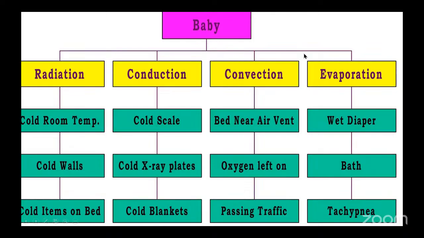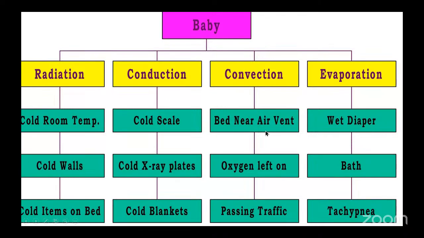So these are some of the ways babies lose heat. One is radiation that we already discussed: cold room temperature, cold walls. These things we need to be careful about to prevent the baby losing heat. Conduction: cold scale, cold X-ray plate, cold blanket.